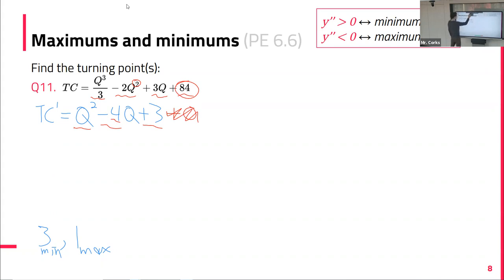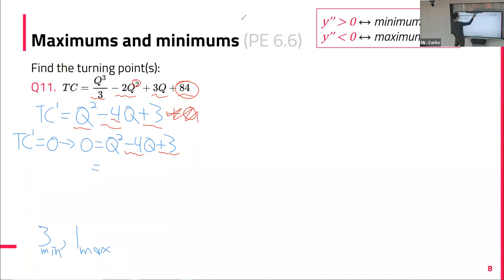Okay, so we set this equal to 0. So when TC prime is equal to 0, then 0 is equal to q squared minus 4q plus 3. Okay, so we're factoring it, and there are lots of methods, but sum product is our easiest way. First thing to check, do we have 2 numbers that add to -4 but multiply to +3?